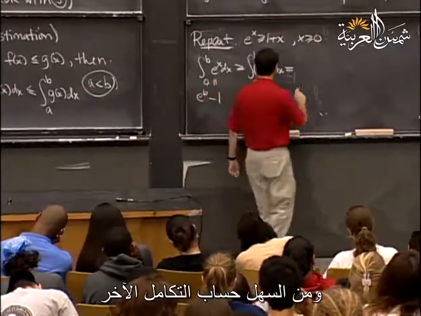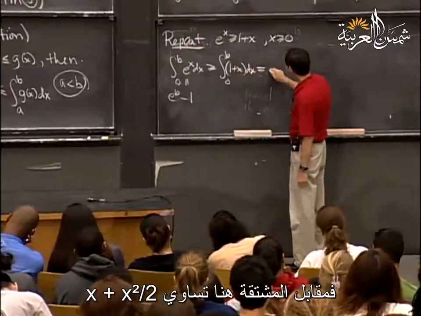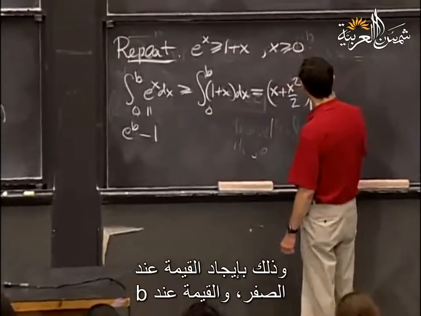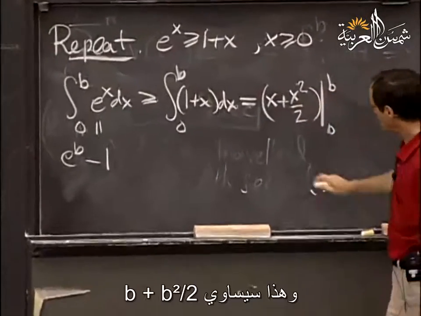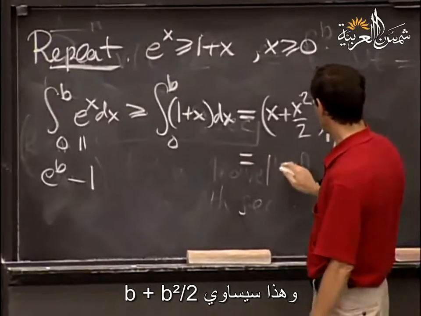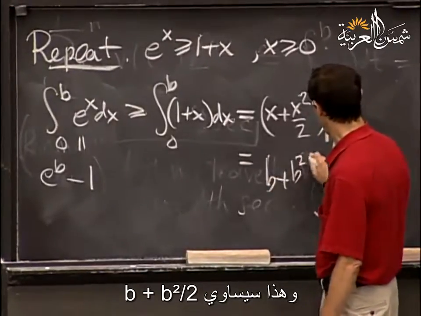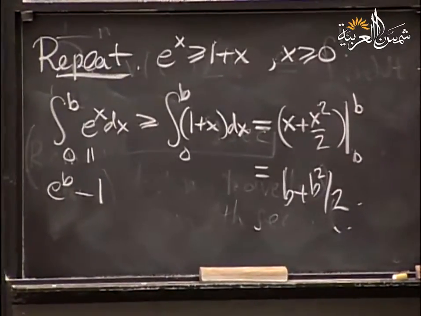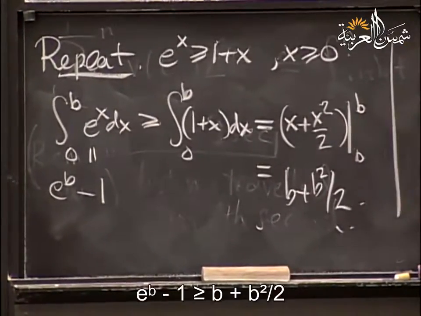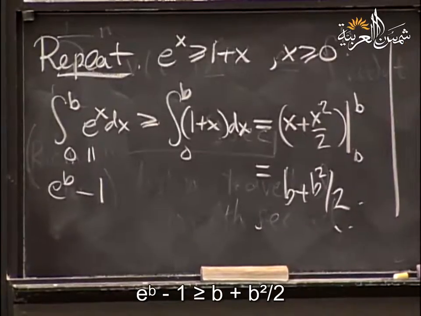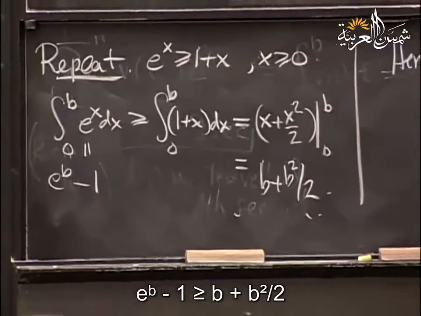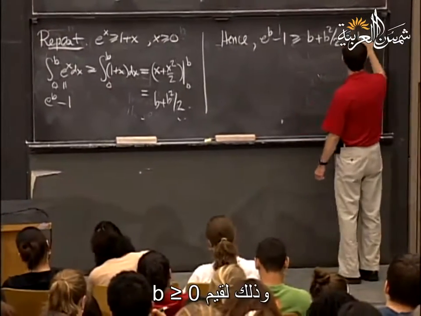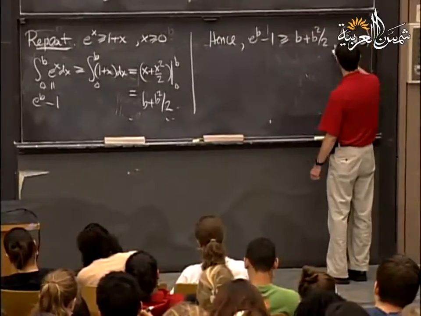And the other one is not hard to calculate. The antiderivative is x plus x squared over 2. We're evaluating that at 0 and b. So that comes out to be b plus b squared over 2. And so our conclusion is that the left side, which is e to the b minus 1, is greater than or equal to b plus b squared over 2, and this is for b greater than or equal to 0.